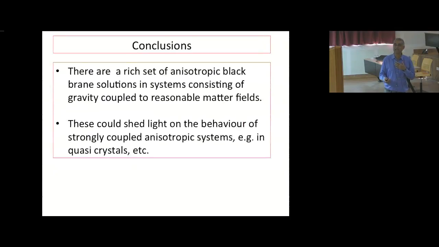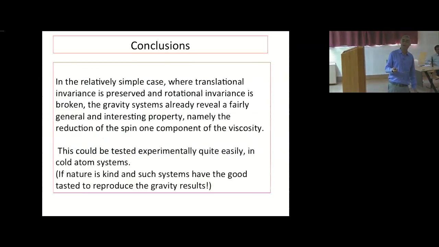Well, let me end. There is a rich set of anisotropic black-brane solutions in systems consisting of gravity coupled to reasonable matter. This could hopefully shed light on the behavior of some set of strongly coupled anisotropic systems, maybe in quasi-crystals and so on.